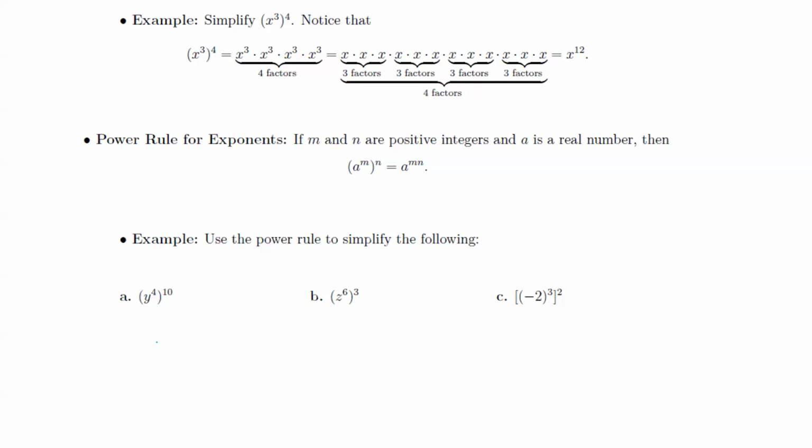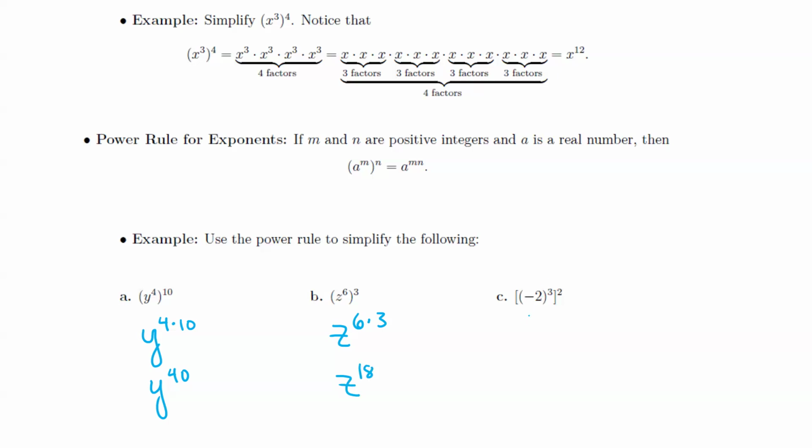All right. So in these examples, y to the fourth to the 10th becomes y to the 4 times 10. So y to the 40th. z to the 6th to the third is z to the 6 times 3. So z to the 18th.